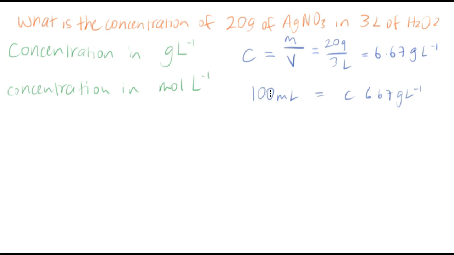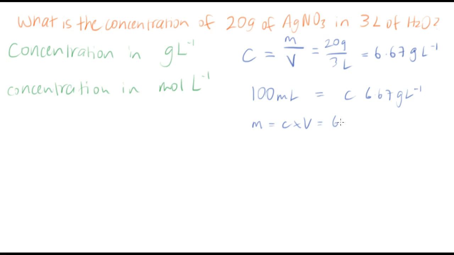But now we can even figure out how much exactly is in that 100 mils, because for every liter there is 6.67 grams. The mass is simply the concentration times the volume. And you have to make sure that you express the units in correct terms.